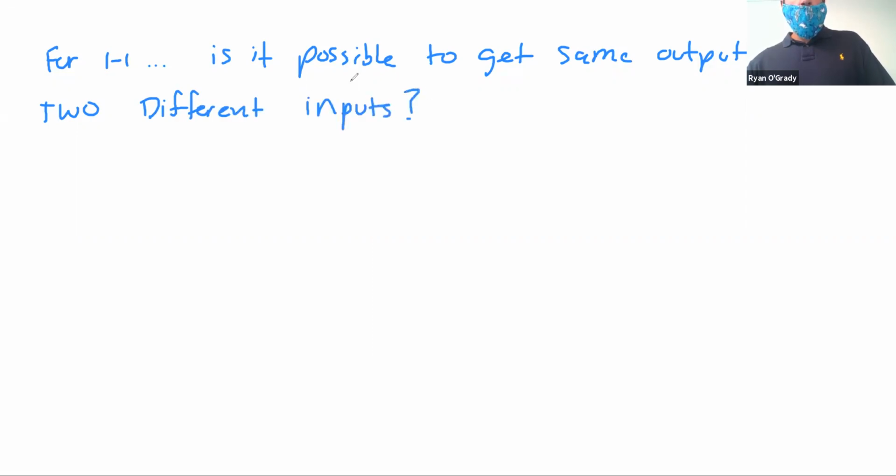And let me put these words in quotations because I'm kind of using them colloquially. I'm abusing the English language here. And so the answer to me, at least right away, is yes. And there's lots of examples.